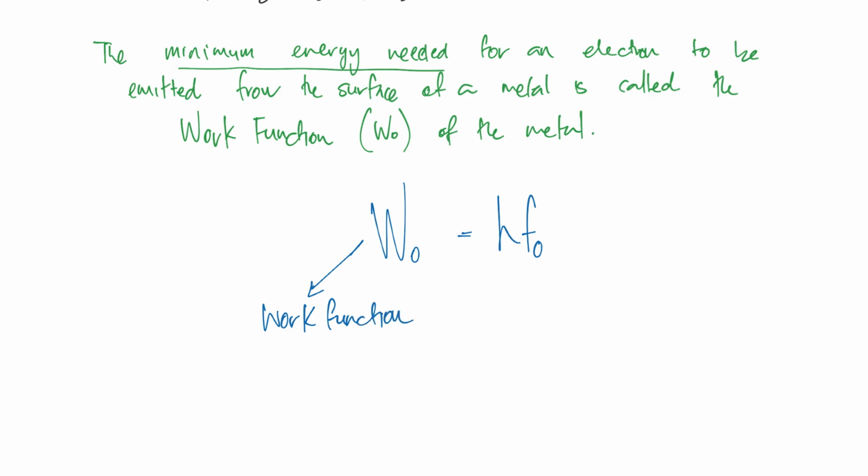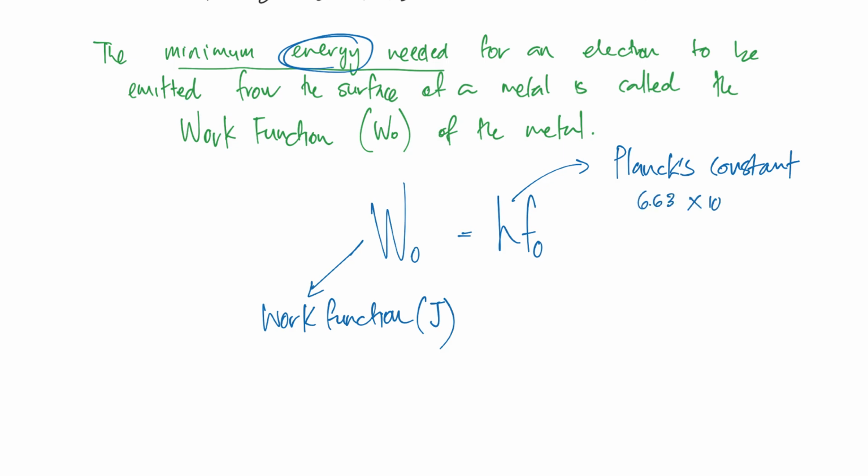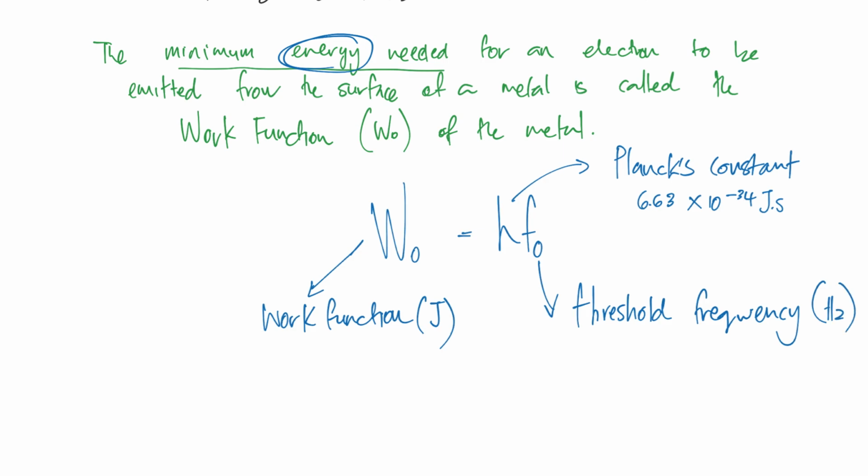And remember I said work function is the amount of energy, so we measure that in joules. h we know as Planck's constant, which is 6.63 times 10 to the power of negative 34 joule seconds. And then f0 here is the threshold frequency, and that's measured in hertz.